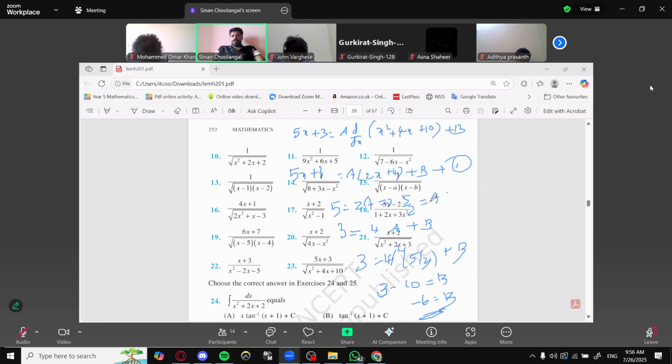I wrote for your reference the a value, b value. The a value, b value should be replaced. Now the completing square step.